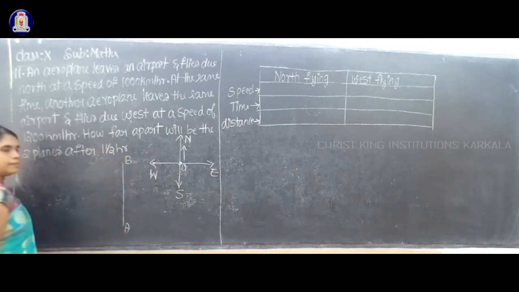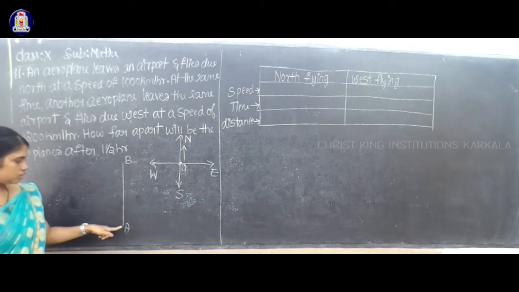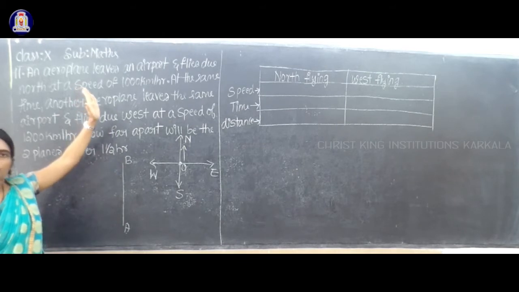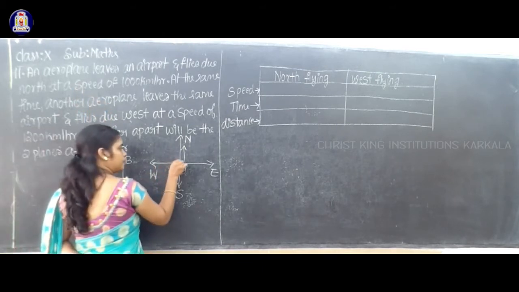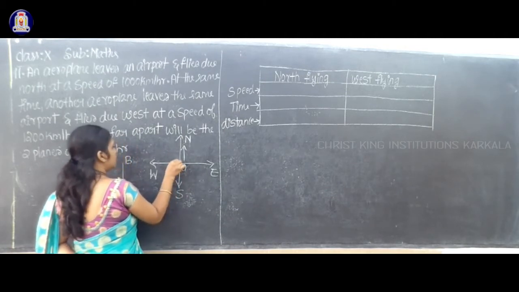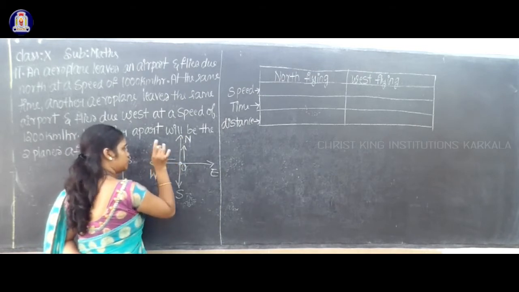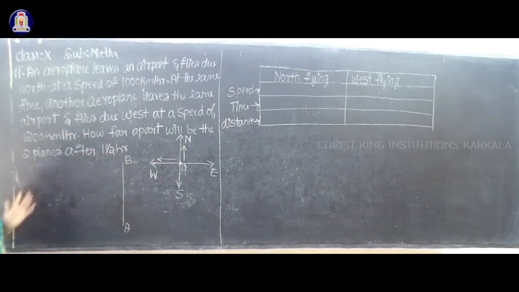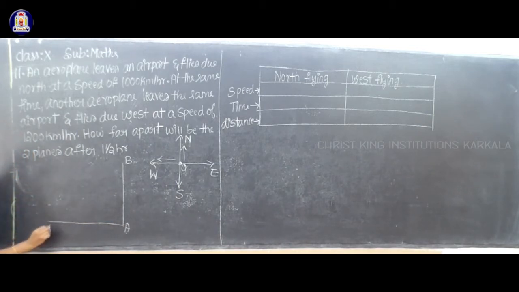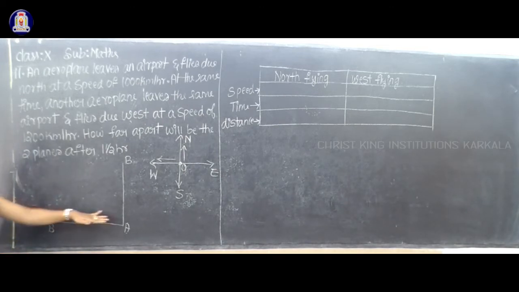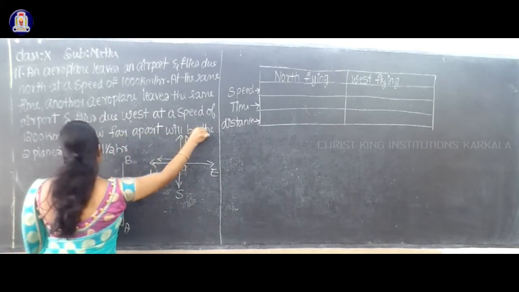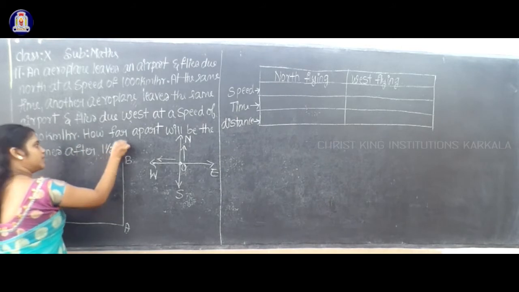Suppose this is your AB, where A is your airport, and the aeroplane flies towards the north. At the same time, from this airport another aeroplane will move towards the west. This is your west. According to this question, how far apart will the two planes be after 1.5 hours?